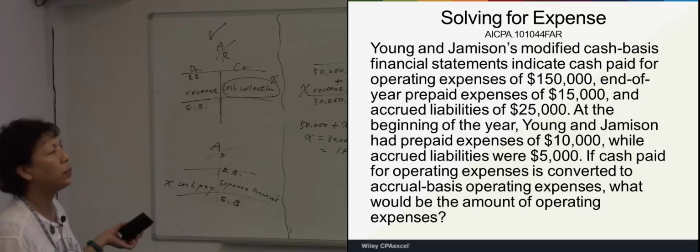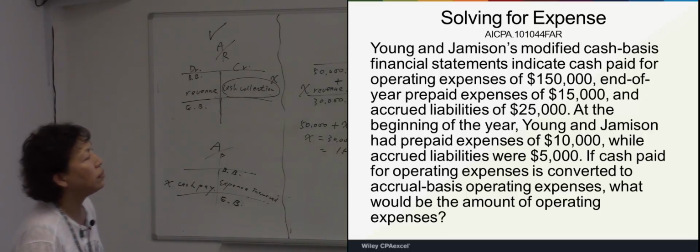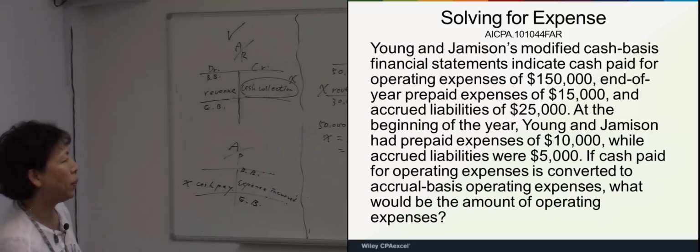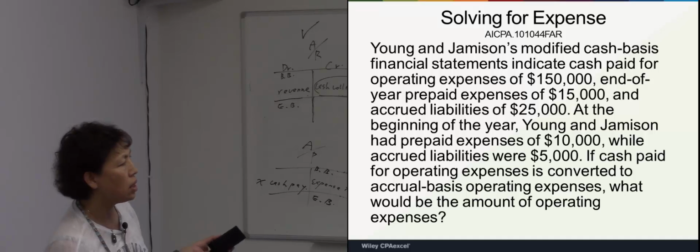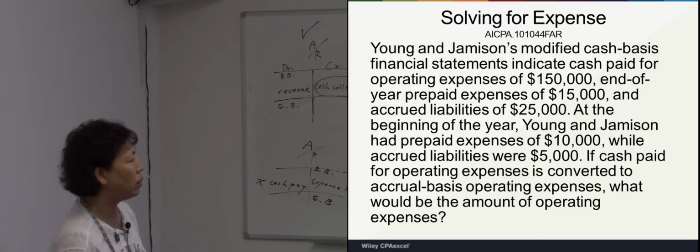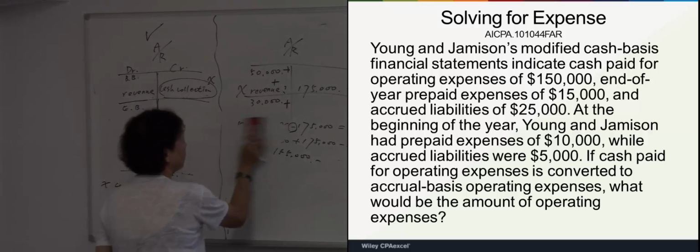Accrued liability means accounts payable. At the beginning of the year, they had prepaid expense of 10,000, while accrued liability was 5,000. If cash paid for operating expense is converted to accrual basis, what will be the operating expense? You use a T account.